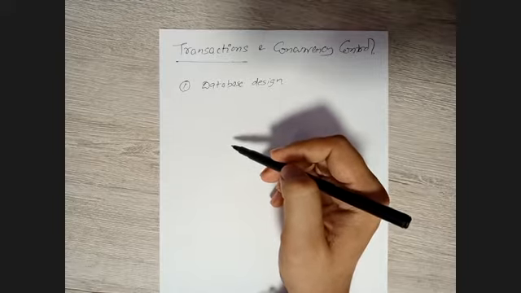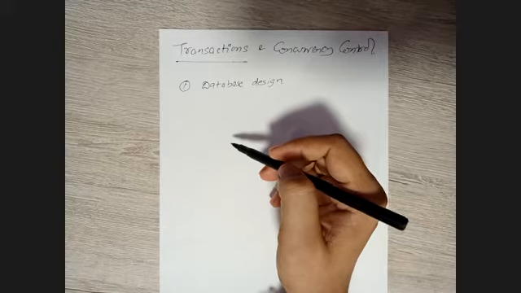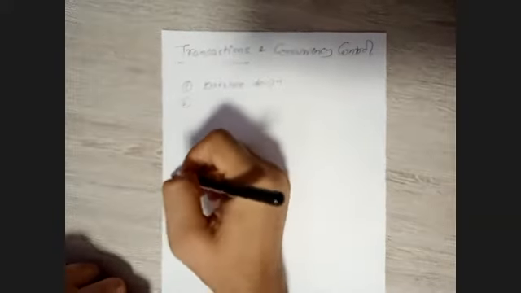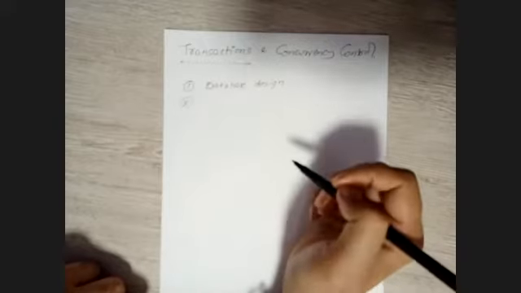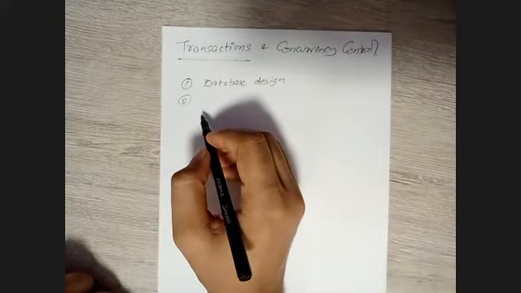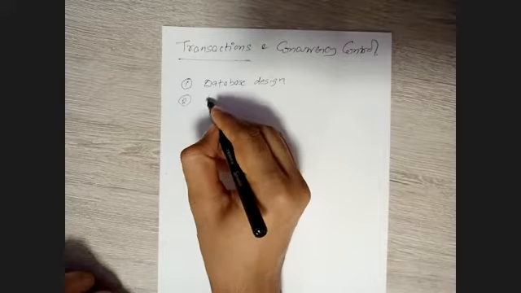So till now we have seen our database design. But the design part is not sufficient for the database to function properly. The important part after design is the maintenance part.